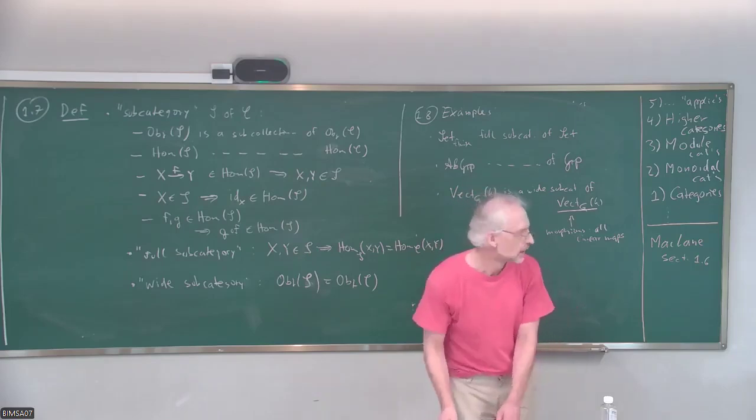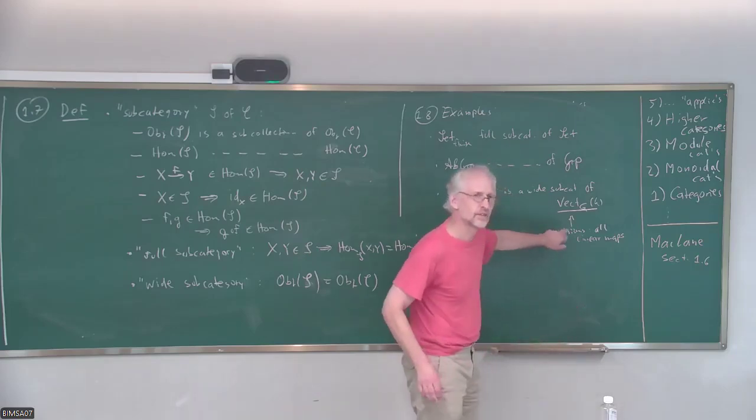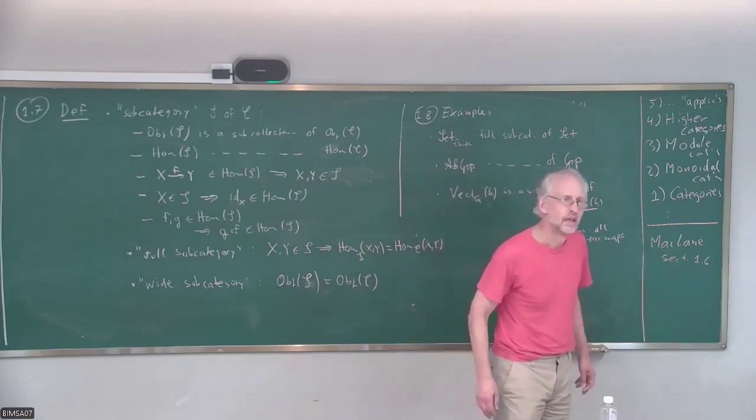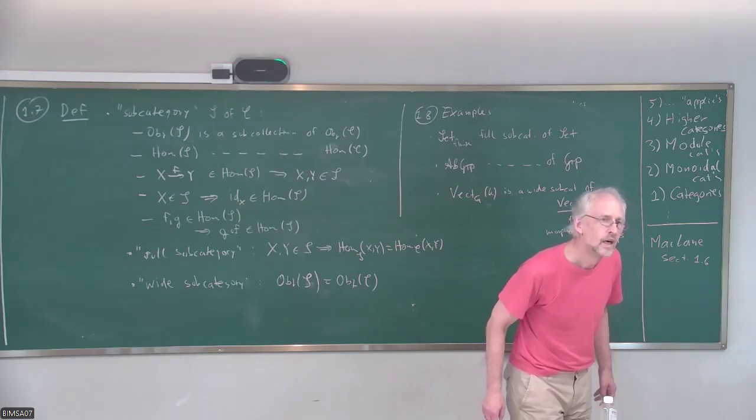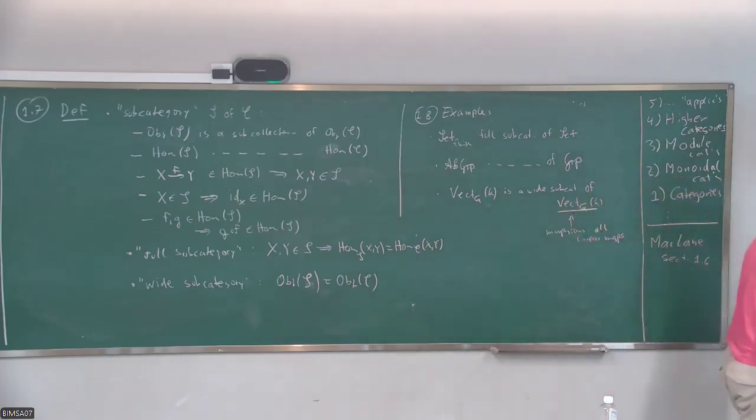So this category, vector underline, is this equivalent to the category of vector spaces? Not really, because it has more structure.